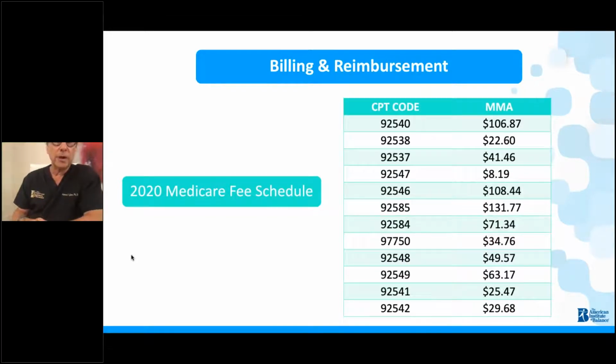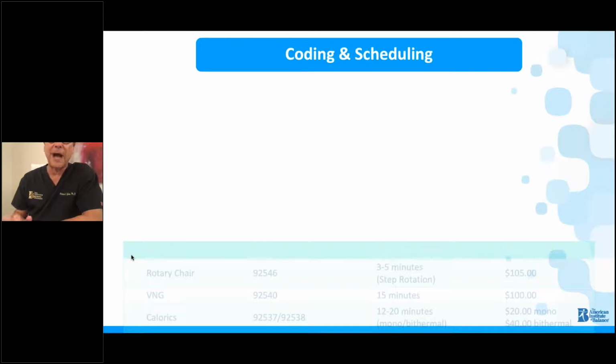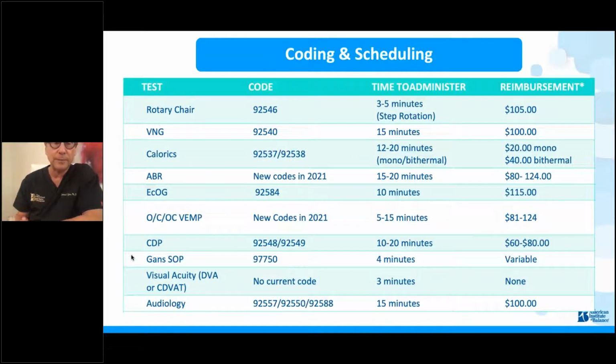So there's a variety of 2020 codes in the fee schedule. What this means is that for a full vestibular patient, without even talking about basic audiology, you're going to generate about $500 per patient. Now, what's exciting for 2021 is that there is now OVEMP, CVEMP, and combined OVEMP and CVEMP codes.